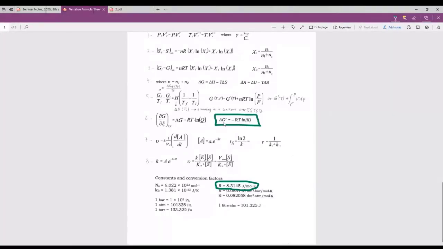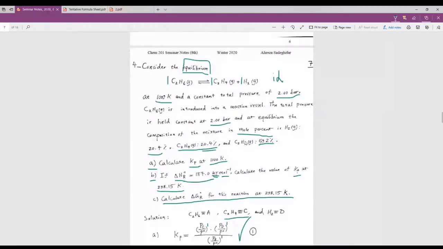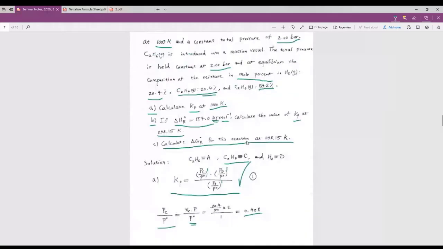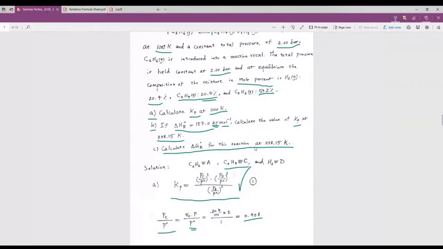You can calculate delta G for when the reaction is at equilibrium based on the value for K, Kp or K, equilibrium constant. So if I go back to the question, what we want is delta G at 298.15 Kelvin.